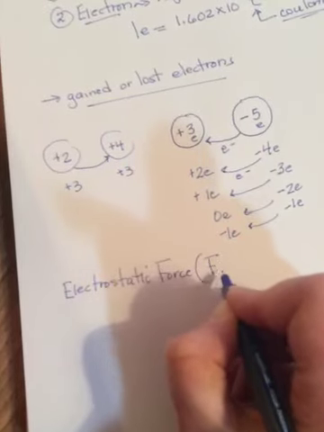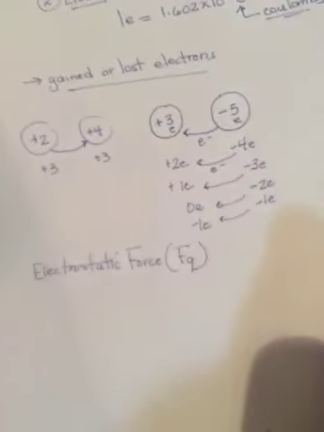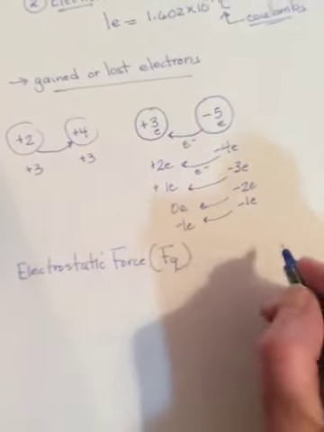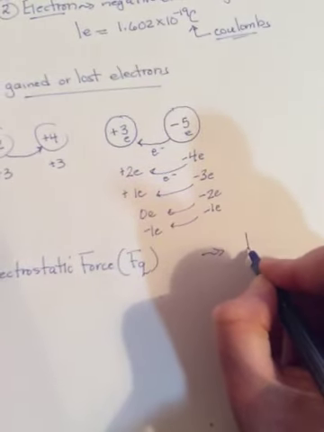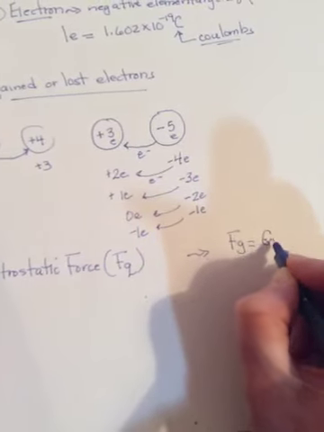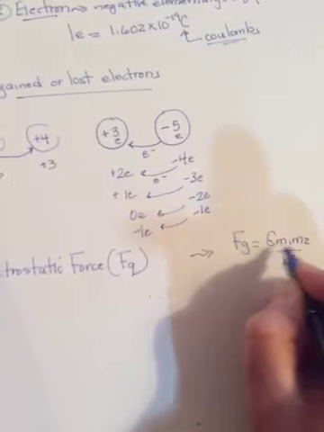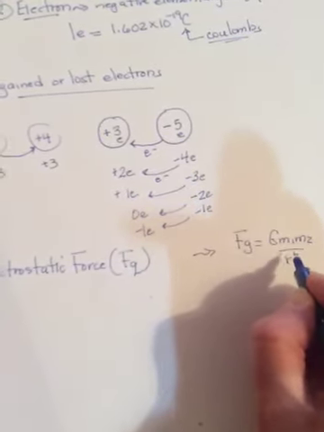its symbol is FQ because the letter for charge in an equation is Q. And the great news is the electrostatic force is going to mirror our gravitational force. Remember our equation for gravitational force was Fg is equal to G m1 m2 over r squared, where this was the force of attraction between any 2 objects that have mass.